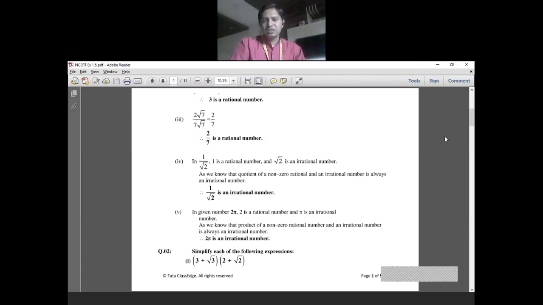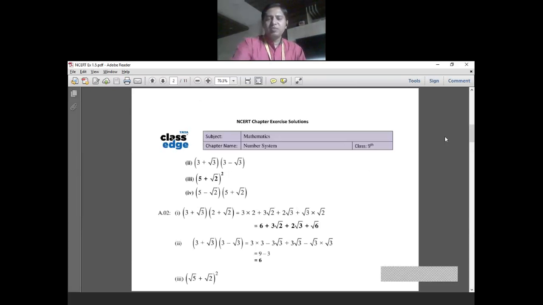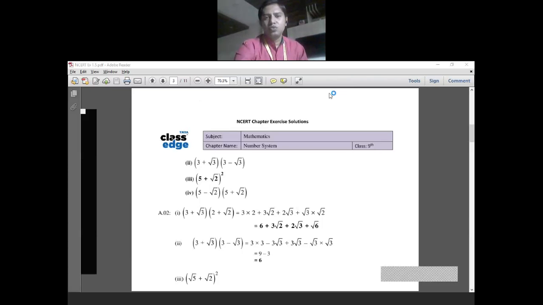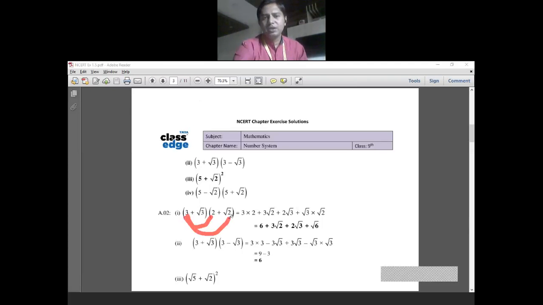First we multiply 3 and 2, then we multiply 3 and root 2. After this, we multiply root 3 and 2, and then we multiply root 3 and root 2.